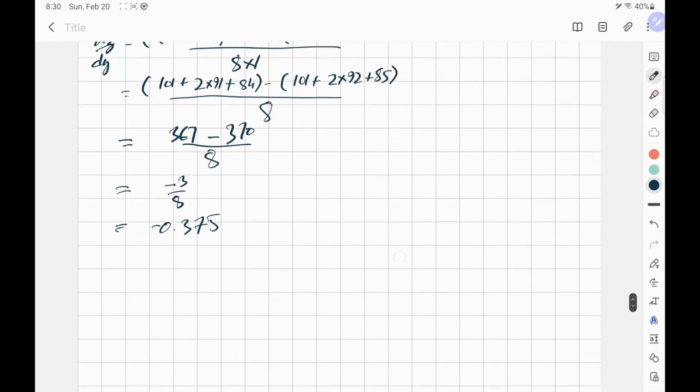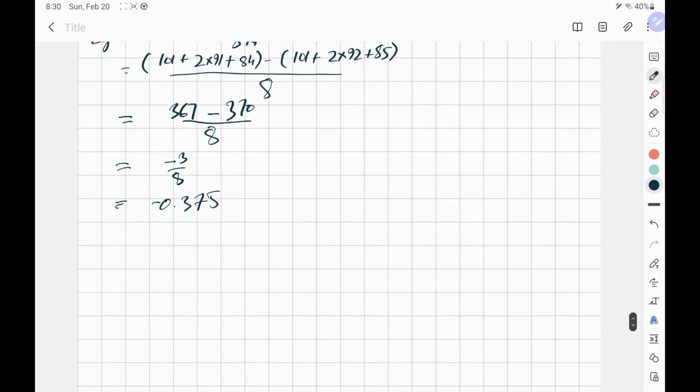Now what is aspect? Let's enter the formula of aspect.